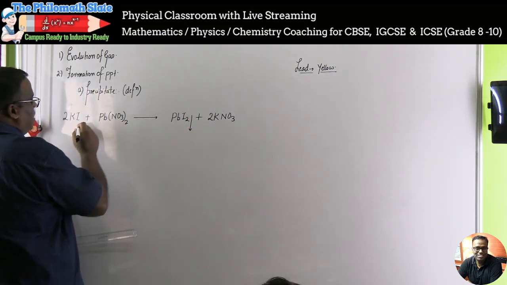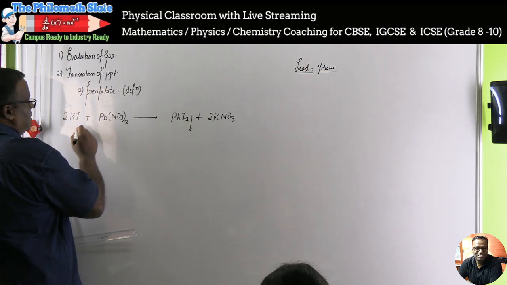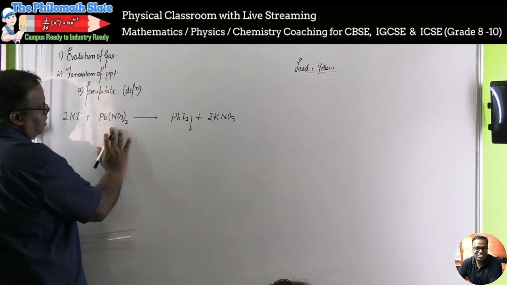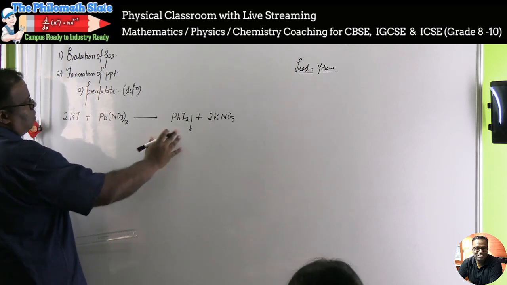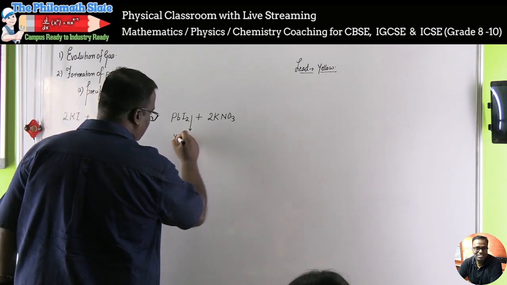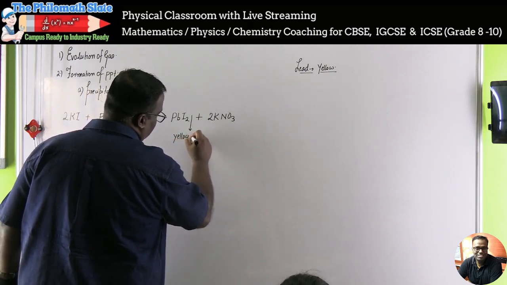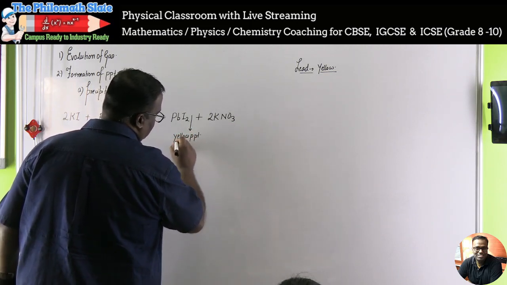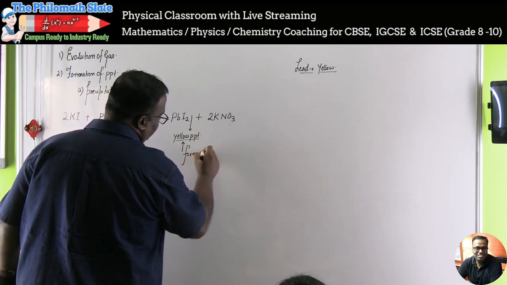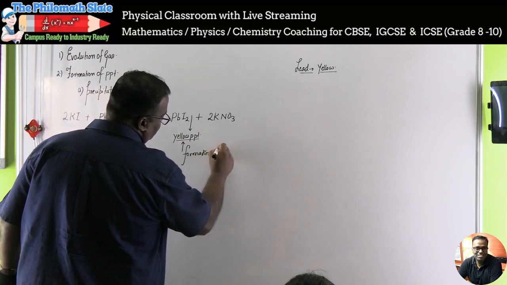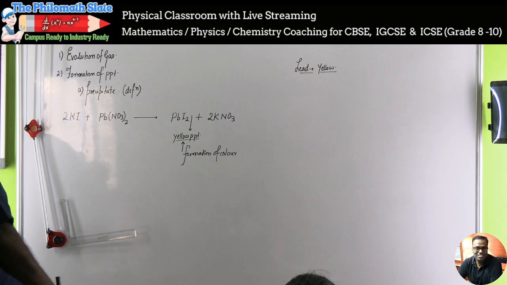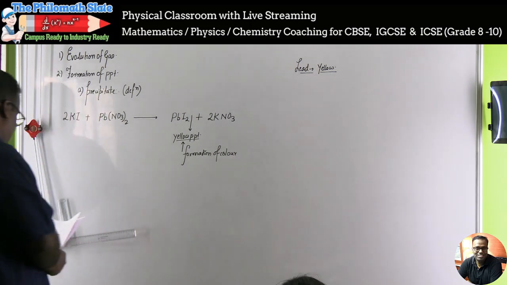So potassium iodide reacts with lead nitrate to give you lead iodide and potassium nitrate. This will be a yellow precipitate. So this particular reaction supports both formation of color as well as formation of precipitate.